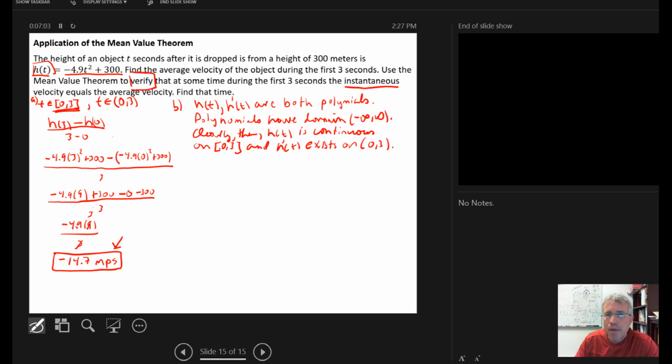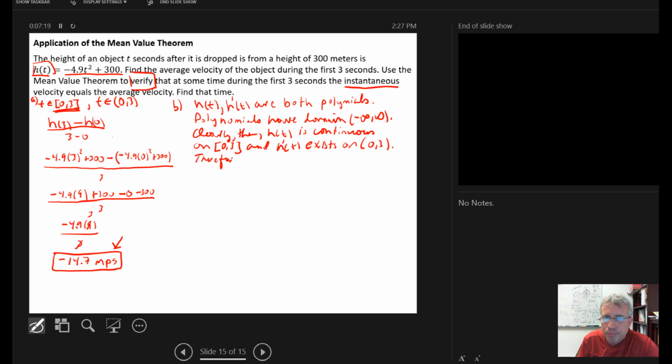So because we've met both criteria for the mean value theorem, we can conclude that the mean value theorem guarantees the instantaneous velocity will match the average velocity for some time on that interval from 0 to 3.